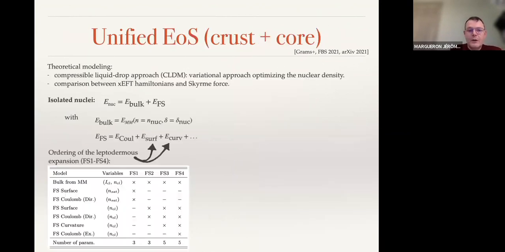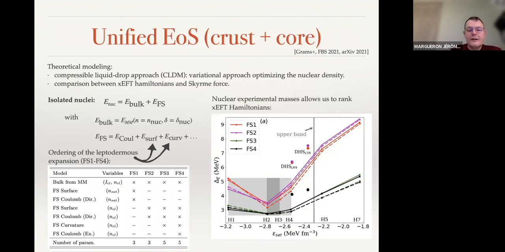Okay, so time is going fast, so I will continue to go fast also. One of the important features in this compressible liquid drop model is the possibility to order the different contributions to the energy according, for instance, to the leptodermous expansion.